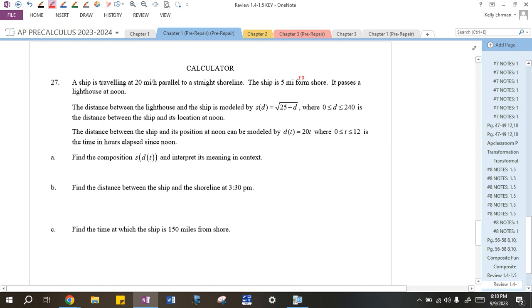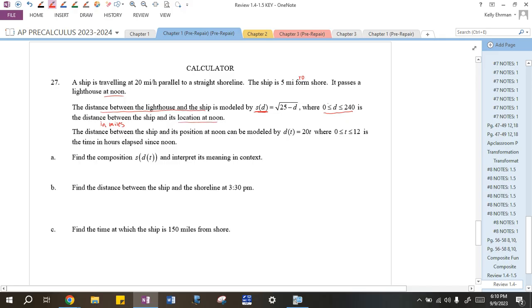It passes a lighthouse at noon. The distance between the lighthouse and the ship is S of D, modeled by S of D equals the square root of 25 minus D, where D is between 0 and 240. It's the distance in miles between the ship and its location at noon.